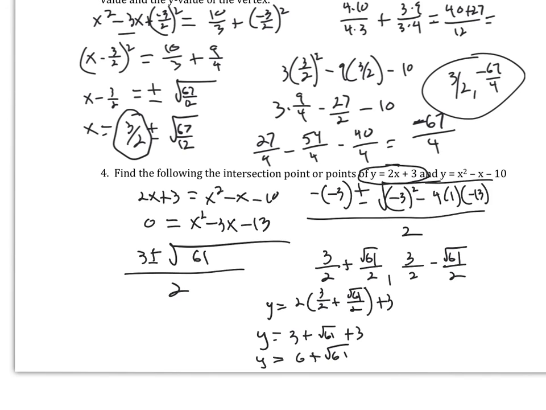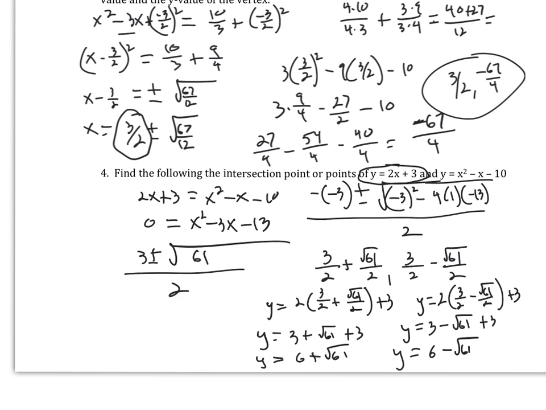Here we'll get y is equal to 2 times 3/2 minus root 61 over 2 plus 3, which gives us y is equal to 3 minus root 61 plus 3. So y would be equal to 6 minus root 61.